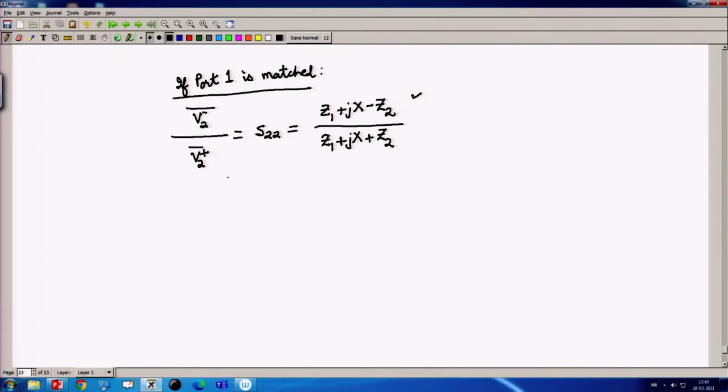In order to find S21, we again consider that port 2 is matched.